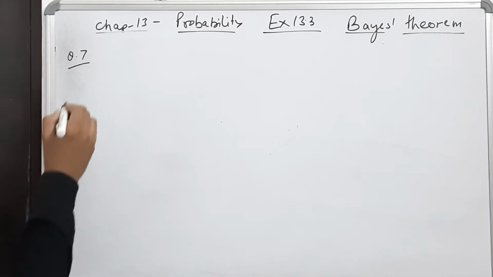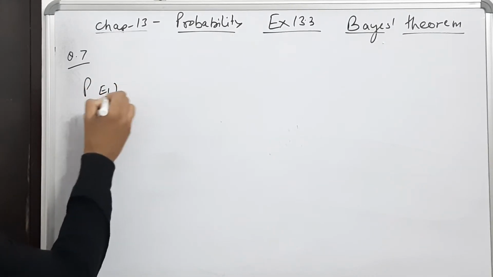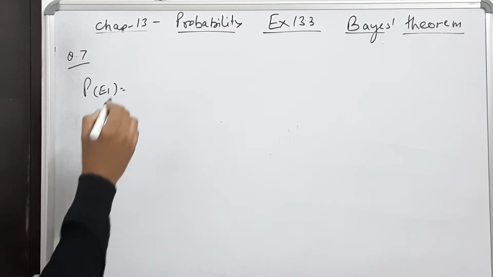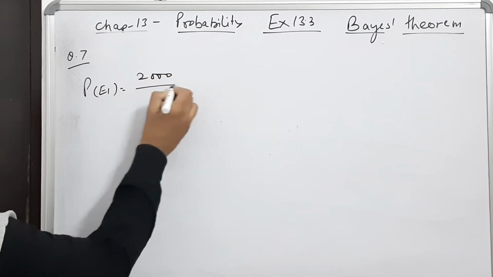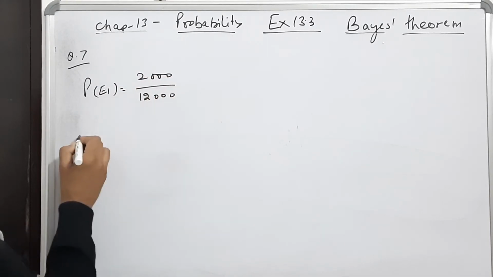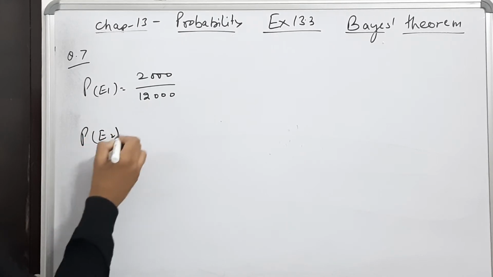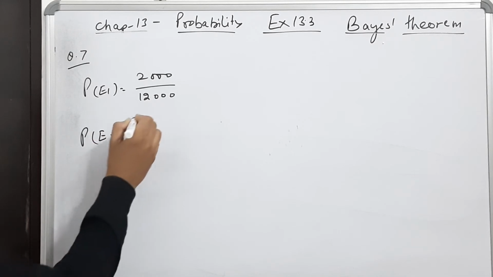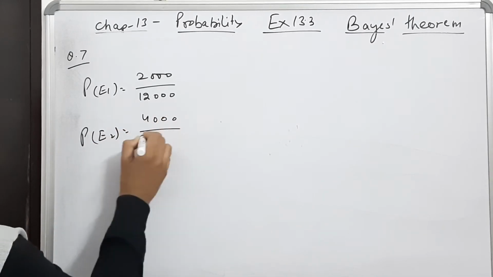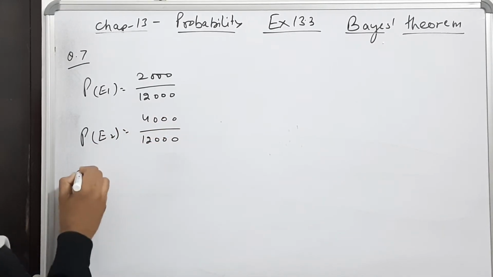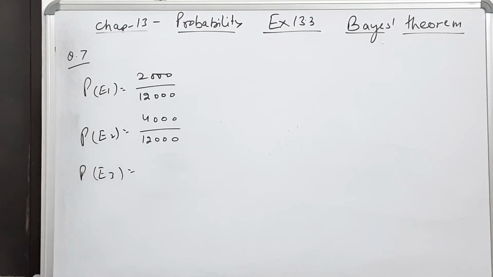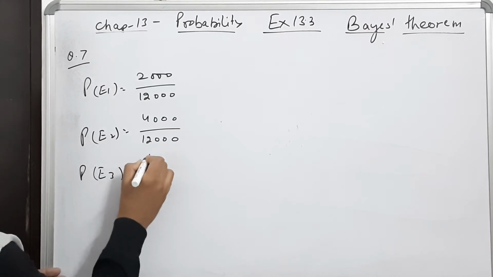So we are starting with P(E1). E1 means the insured person is a scooter driver. So scooter driver is 2000 upon total. Total is 12,000. Or P(E2). E2 means it's a car driver. So 4,000 upon 12,000. And P(E3) is truck driver, that is 6,000 upon 12,000.